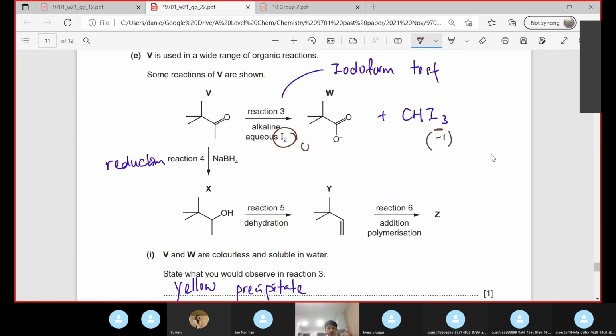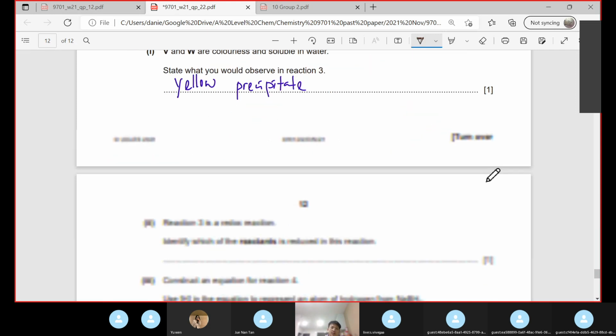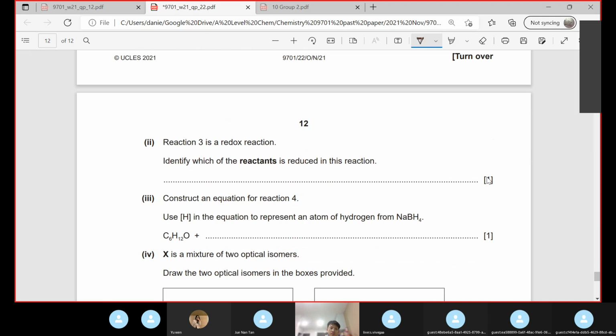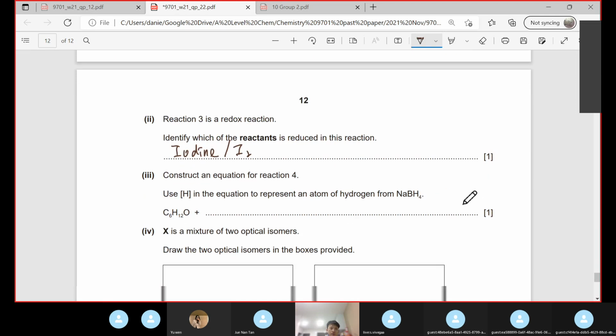Iodine is an element, so 0. So which reactant is reduced? They ask which reactant is reduced from 0 to -1. It is iodine, or you can write down I2, also no problem.